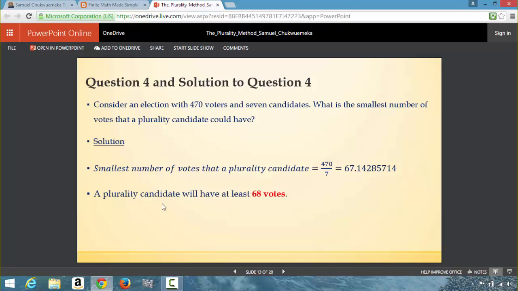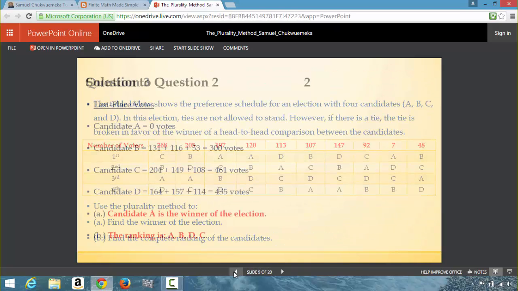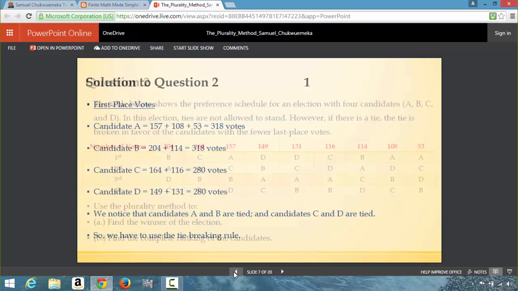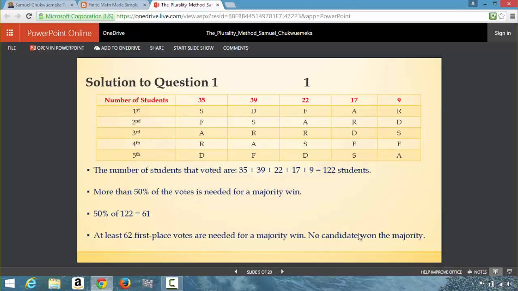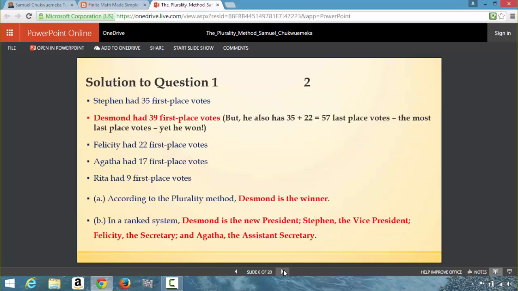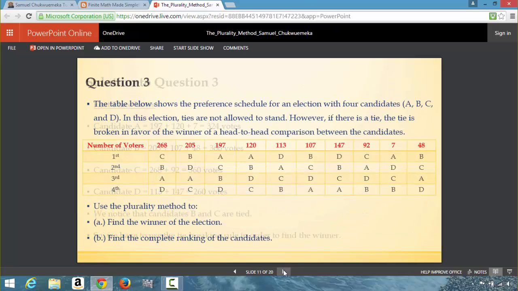I think I've written it before for majority win, majority candidate. So I'm going to write it again here: plurality candidate and majority candidate.